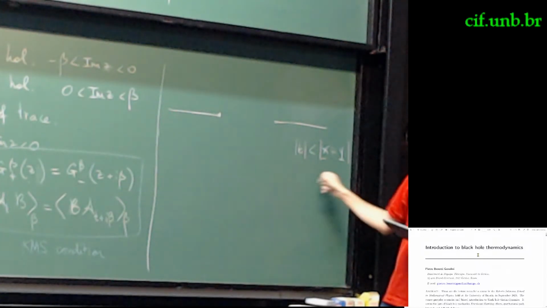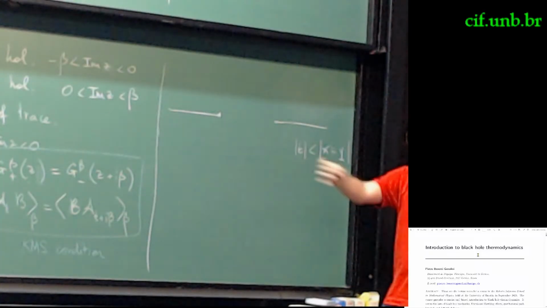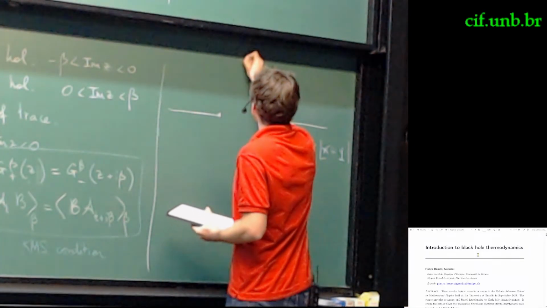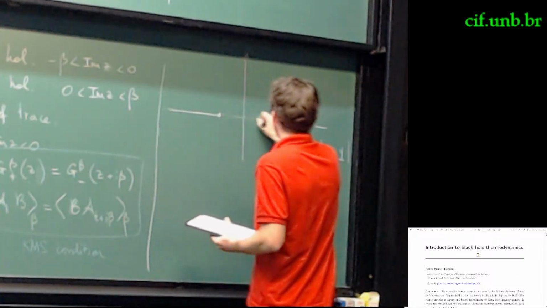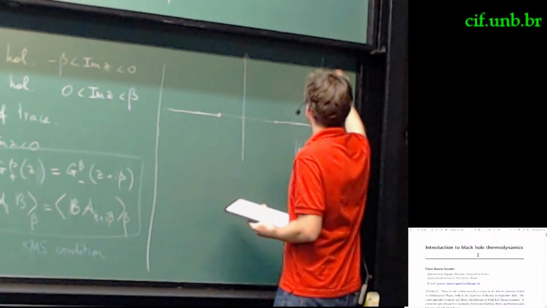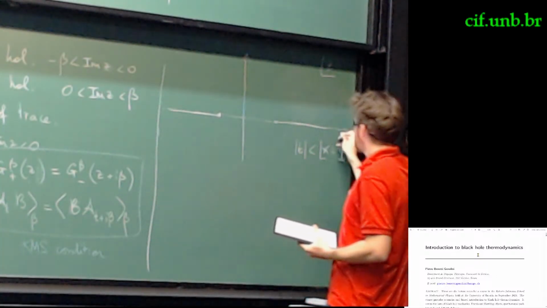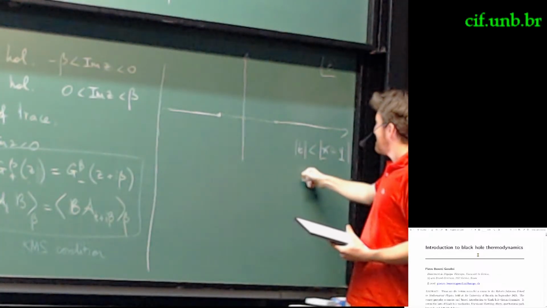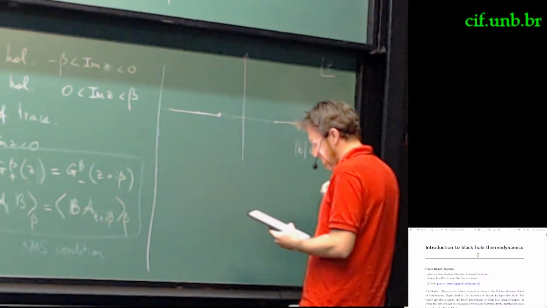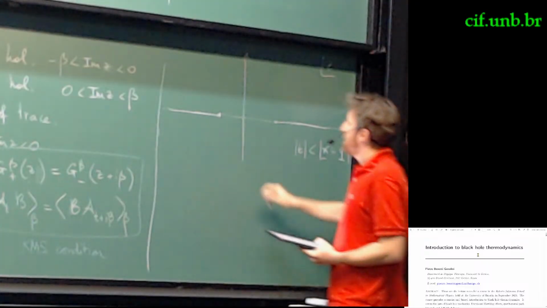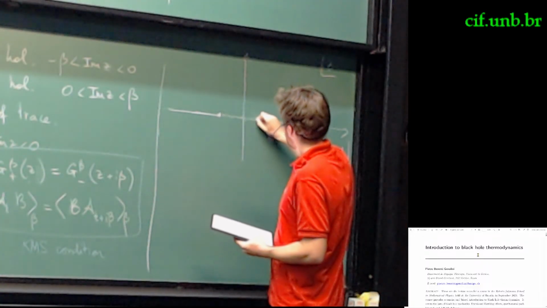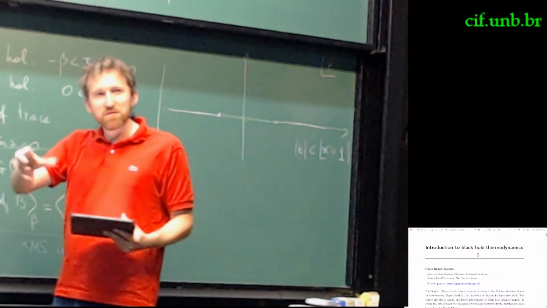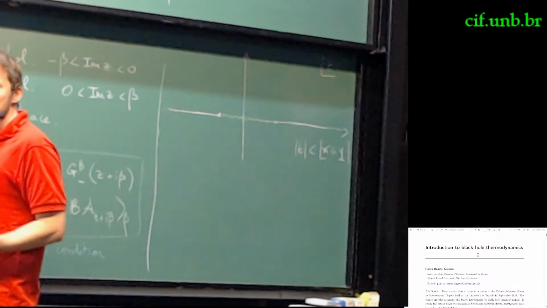Then if the separation between the two operators is larger than the time, the commutator vanishes. So this is a z-plane where t is the real component. So this is non-zero only if this holds. And here, on this particular interval, because the commutator vanishes, G plus is equal to G minus.